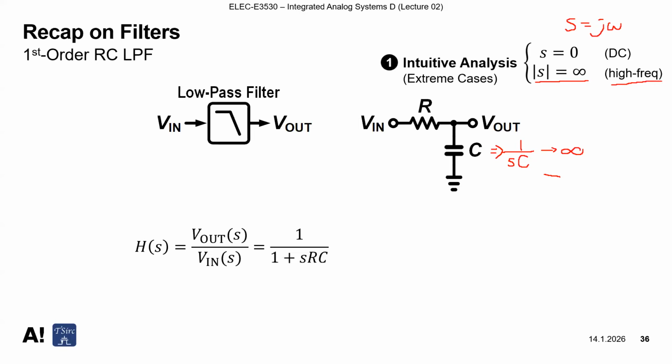Then the impedance goes to 0 for high frequency. 0 impedance means there is no resistance at all, so this is a short circuit, as we call it, and the other case becomes an open circuit.